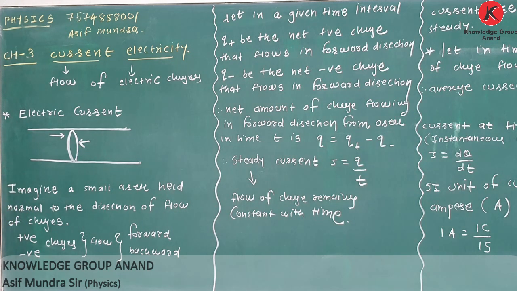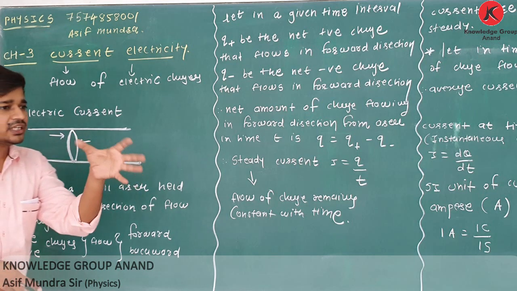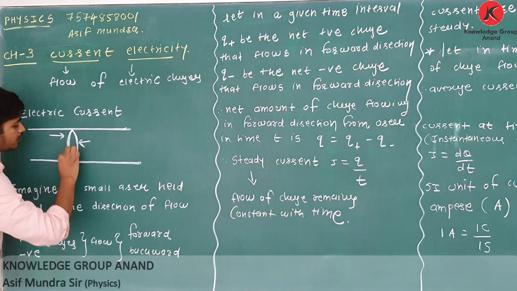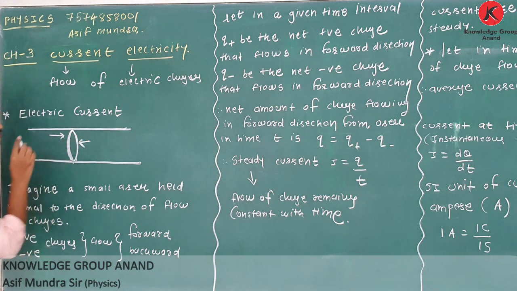Let us take some time interval. I am taking a time interval from now to after 5 minutes. In these 5 minutes I have to observe the net amount of charge flowing through this area.